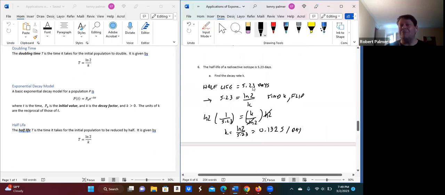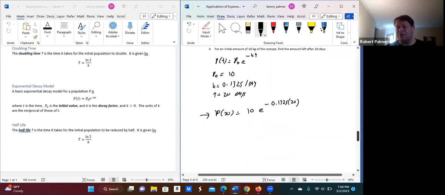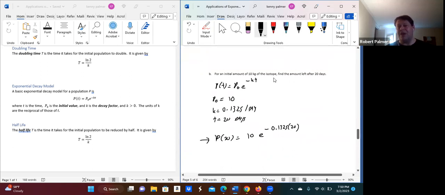So after 5.23 days, I should have half of what I start with, half of 10 kilograms, which would be 5 kilograms. Then in another 5.23 days, I should have half of that again, only 2.5 kilograms. Then half of that again in the next 5.23 days. So in 20 days, we're going through not quite 4 half-lives. We'll see what happens when we actually do this.